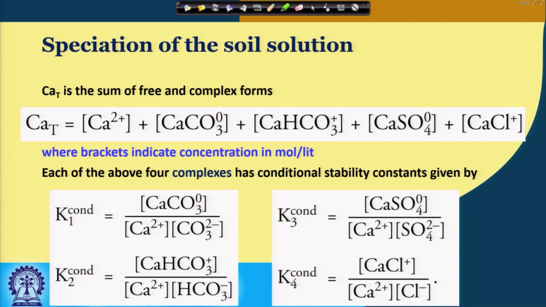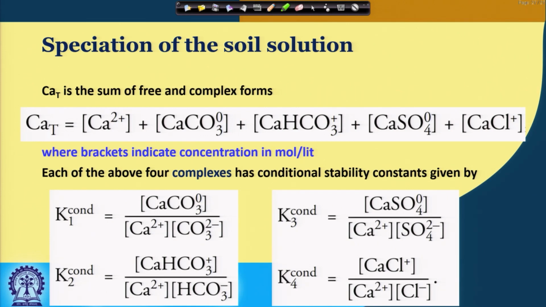Then we have presented the sum of the free and complex ions in the form of equations, and then we have shown the conditional stability constant or conditional equilibrium constant for each of these complex forms, like calcium carbonate, calcium bicarbonate, calcium sulfate and calcium chloride. Okay.